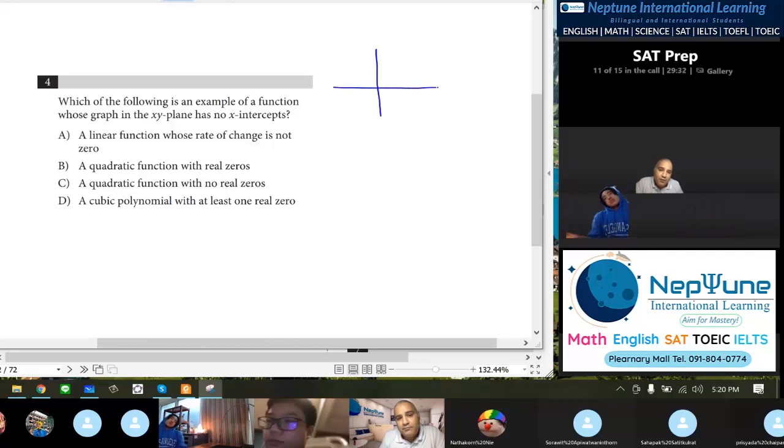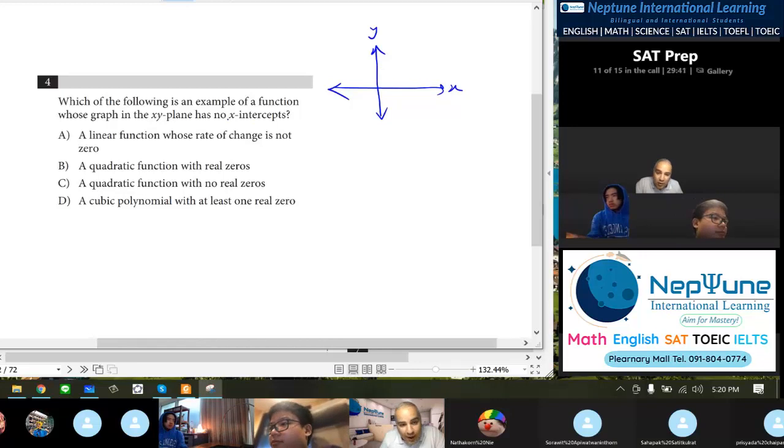Again, I'm going to draw it. This is xy, and I don't want my graph to touch the x-axis. That's what it means: no x-intercept. Don't touch the x-axis. Let's see. A linear function whose rate of change is not 0. So that's a linear function like mx plus b, and it says m is not 0.